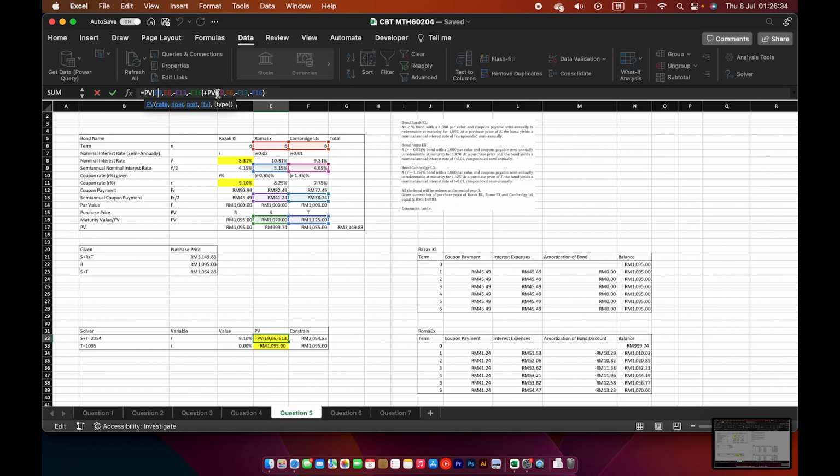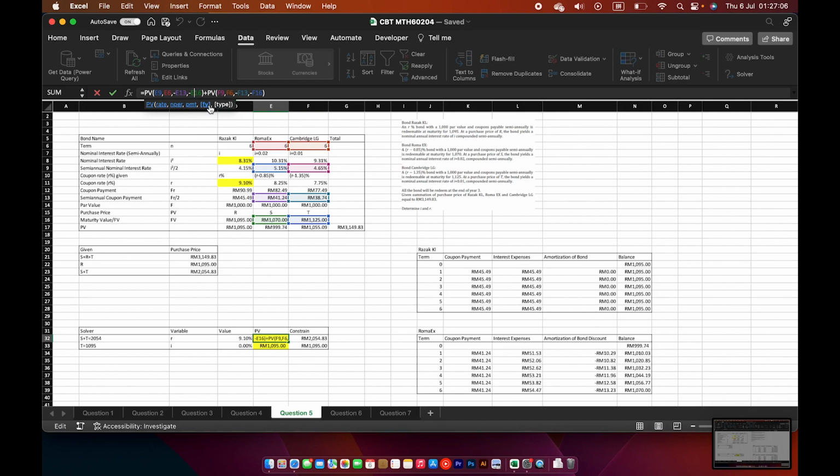For this present value equation, the rate is the semi-annual nominal interest rate of Roma EX, and this is the period of payment. This is the payment amount. We put a negative here as the payment is money going out from our account.